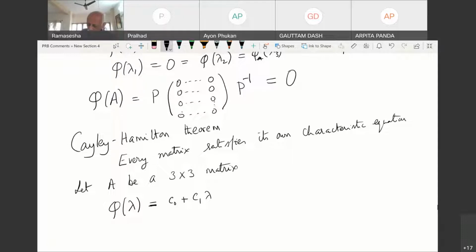So this is what you get as an expression for phi of lambda, because it's a 3 by 3 determinant.